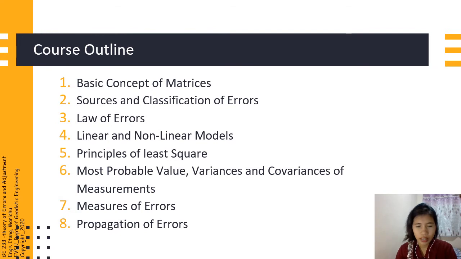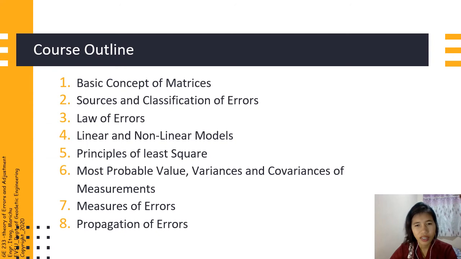For the course outline, we have eight major topics in the subject. We have the basic concept of matrices. I hope you encountered matrix in your high school. We have sources and classification of error, which we discussed in your GE 113, General Surveying 1: the natural errors, the environmental errors, the personal errors. Those are the sources.